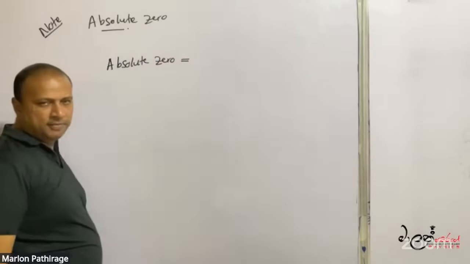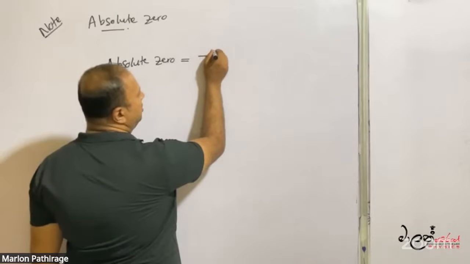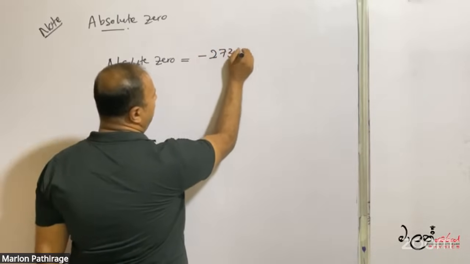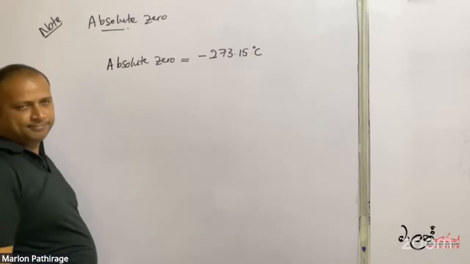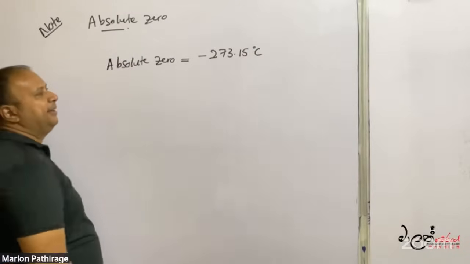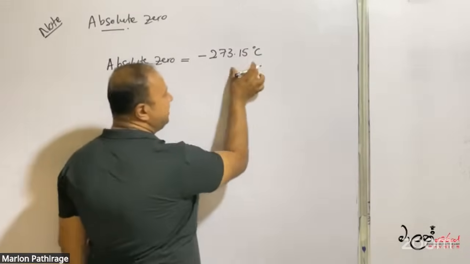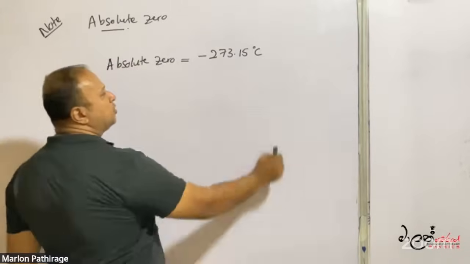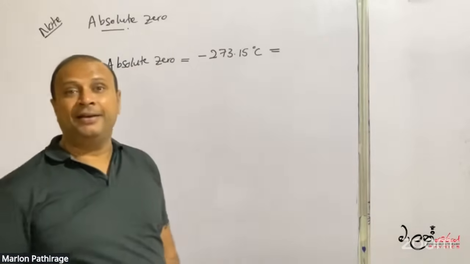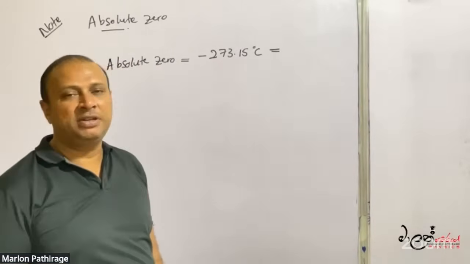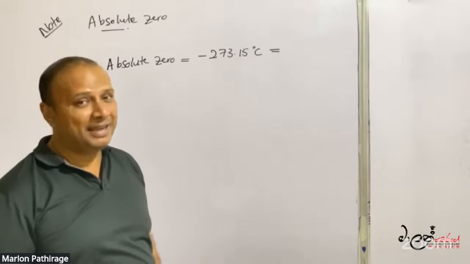Absolute zero is equal to minus 273.15 Celsius. This is in the Celsius scale. Another scale, thermodynamic temperature, is measured in Kelvin.